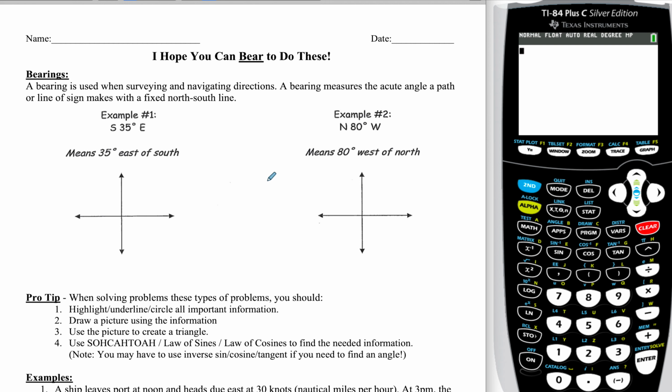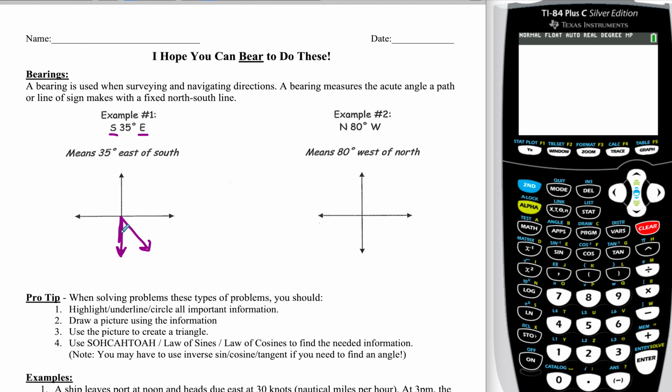So previously we've talked about bearings, and so we know that we have a letter, an angle, and a letter. And so in this case we would read this as 35 degrees east of south. So I start south, okay, and then I turn 35 degrees to the east.